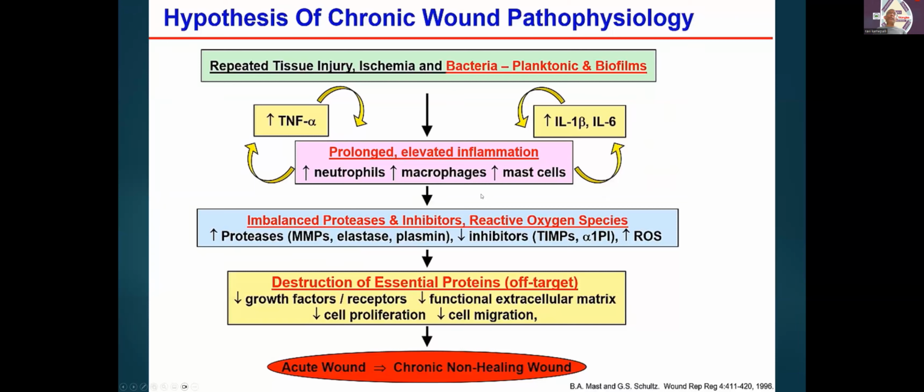These macrophages could be the M1 kind, and these inflammatory cells increase the matrix metalloproteinases. And when there is an imbalance between MMPs and tissue inhibitors of MMPs, and increased reactive oxygen species, that's when the wound becomes prolongedly inflamed. Essentially, the growth factors are reduced and the wound becomes chronic.